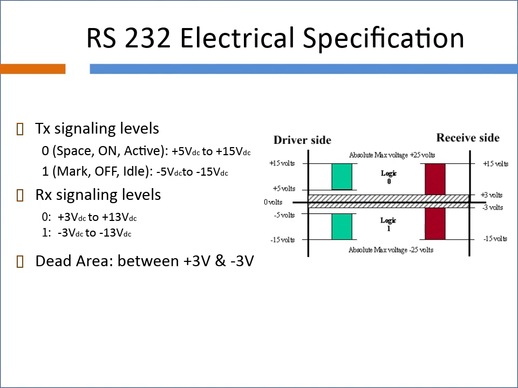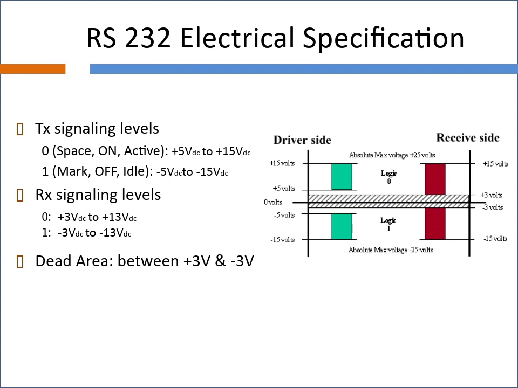And for 1 at the transmitting end, the voltage levels must be minus 5 volts to minus 15 volts DC. And at the receiving end, the receiver should detect the voltage levels for 0 from 3 volts DC to 13 volts DC, and for 1 minus 3 volts to minus 13 volts DC.